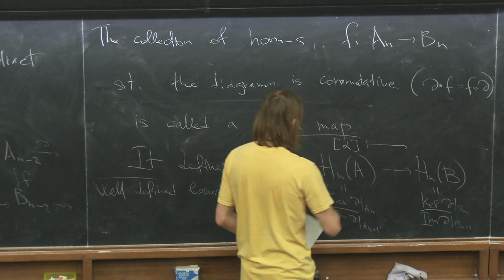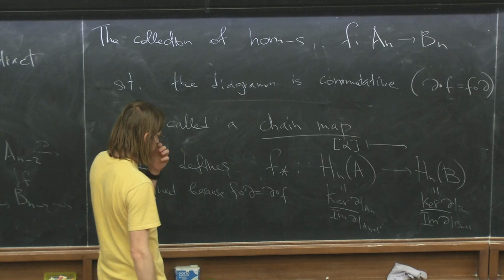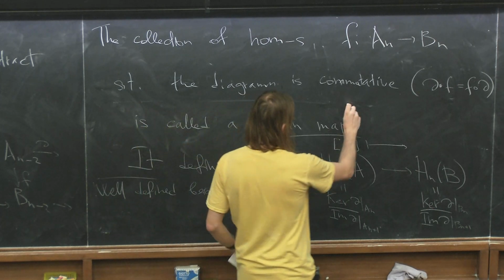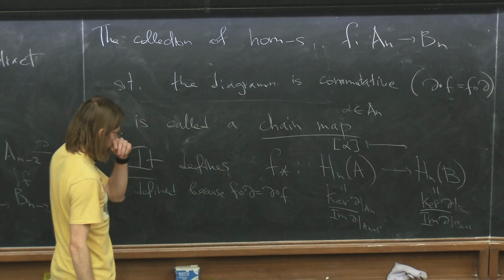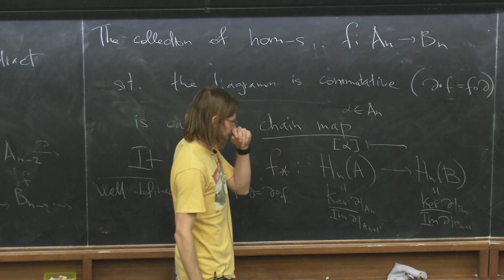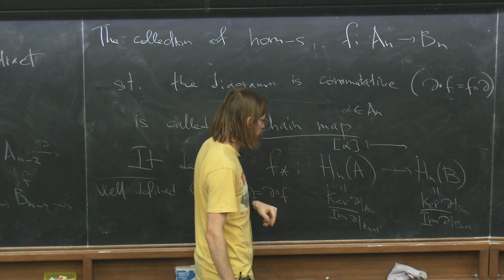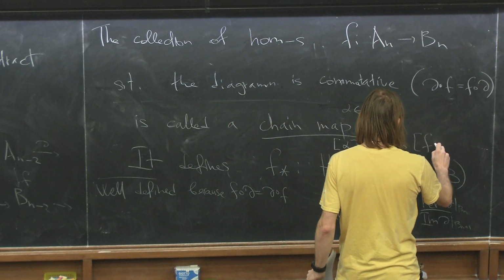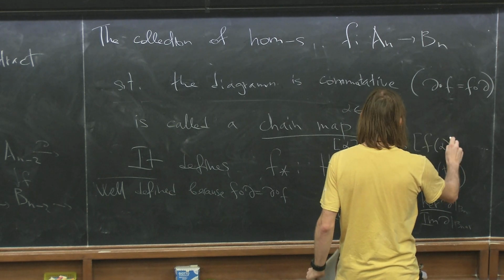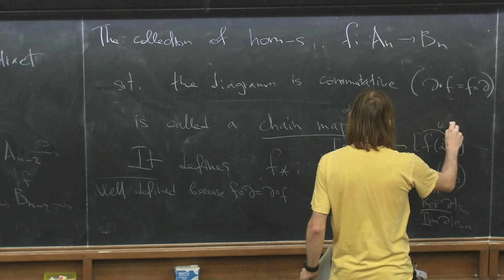So the homology class represented by some alpha, where alpha here is an element of A_n, representing some homology class, is mapped to F of alpha.